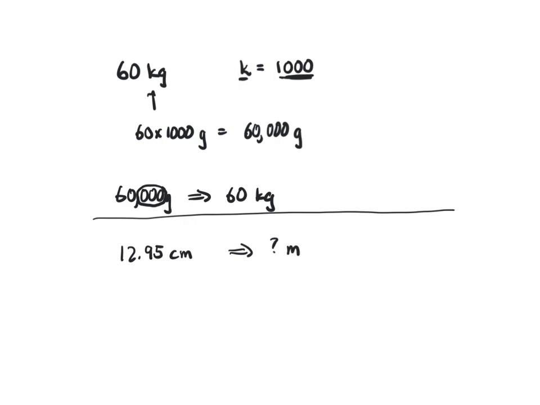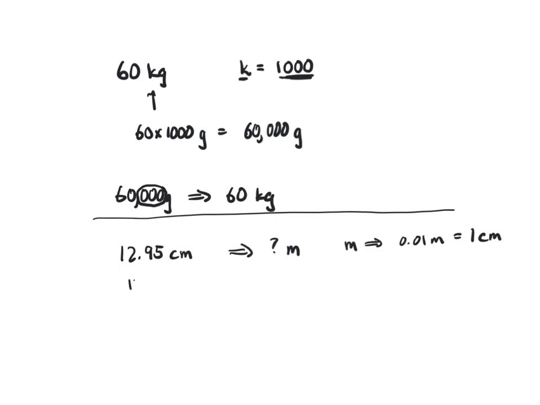A meter is related to a centimeter by taking the meter and multiplying by 0.01. So a centimeter is 1/100th of a meter. So if I take 0.01 meters, I have 1 centimeter. So that means that the centi can be replaced by 0.01.